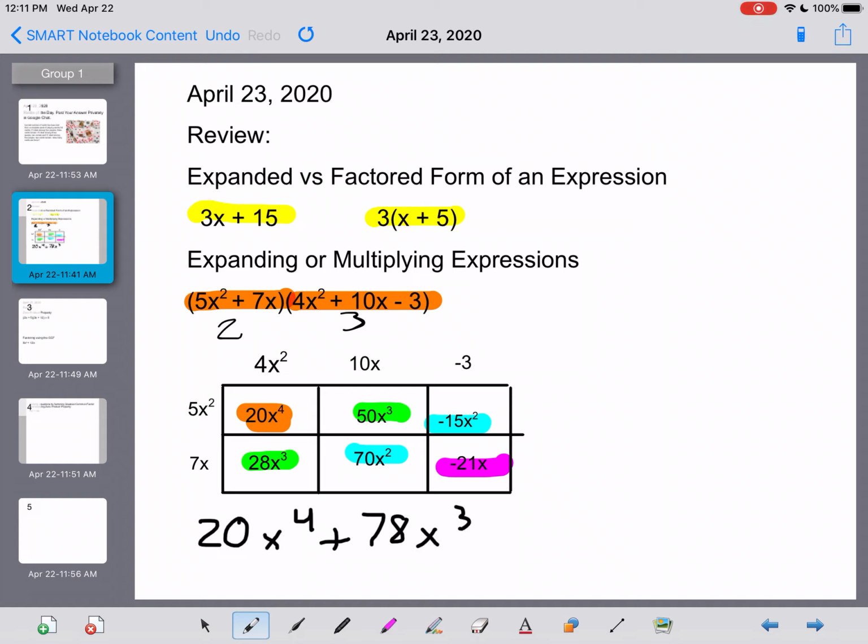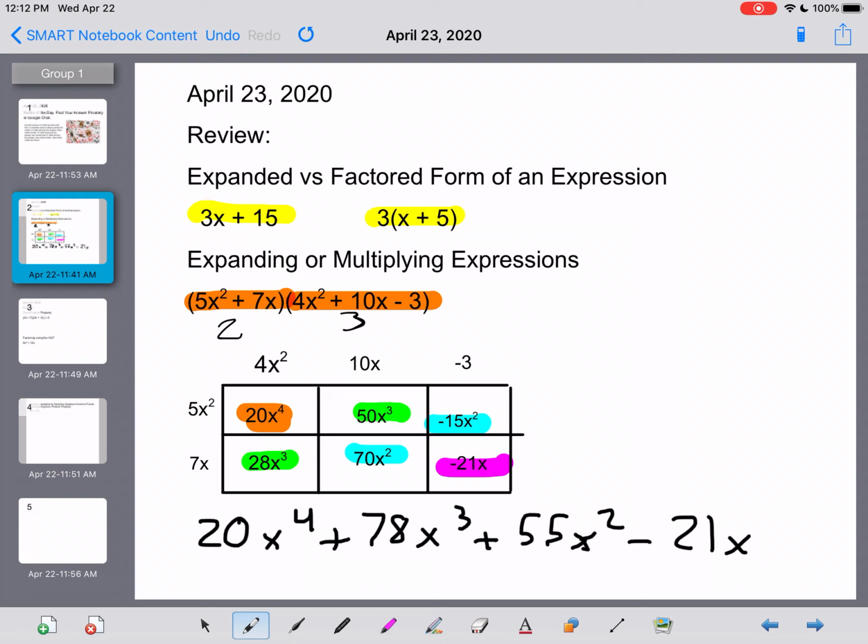And then I have 70x squared. I'm going to add that to negative 15x squared. That's the same as 70x squared minus 15x squared, which is positive 55x squared. And then I have negative 21x at the end. And there you go.